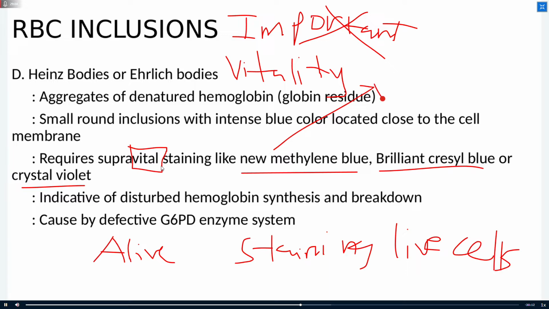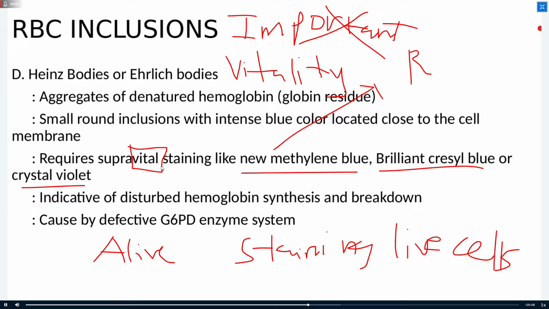Class, new methylene blue can be used to stain what type of cell? Starts with the letter R. New methylene blue can be used to stain what type of cell?